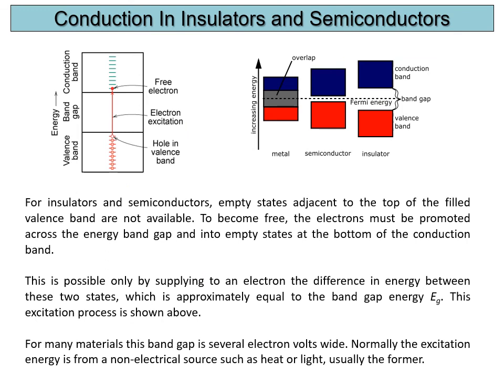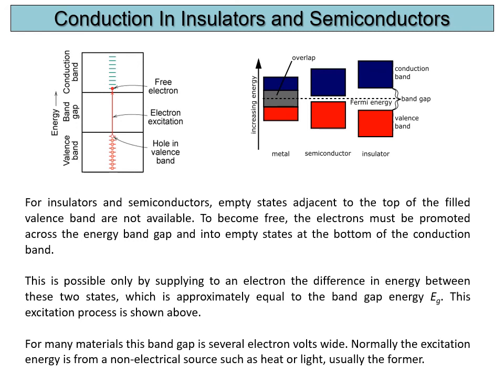For insulators and semiconductors, empty states adjacent to the top of the filled valence band are not available. To become free, the electrons must be promoted across the energy band gap and into states at the bottom of the conduction band. This is possible only by supplying to an electron the difference in energy between these two states, which is approximately equal to the band gap energy.